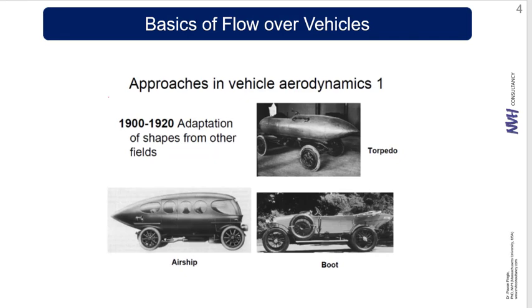Now in this, how the aerodynamics of the vehicles have evolved over a period of time is shown. From the 1900s to 1920, the shapes of the vehicles were adapted from other fields like aero engines, the torpedo, the airships, and the boat, and so on.